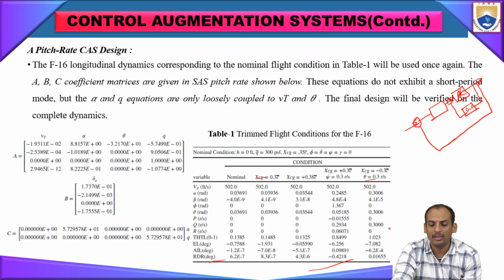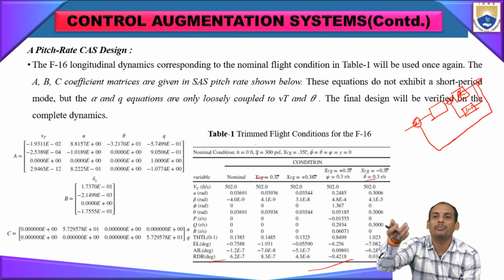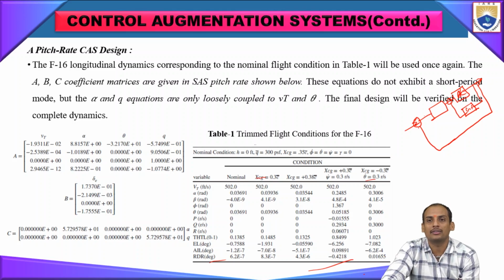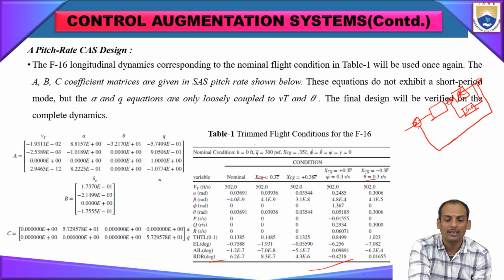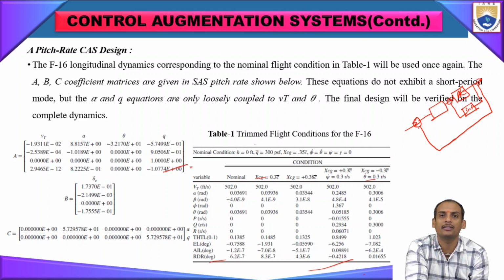Different values have been given. These are the values we got from the control system outputs, for different inputs, from the control surface and control system transfer function. So here the table will be used, using the ABC coefficient matrix from the derivation of the lateral and longitudinal equations.